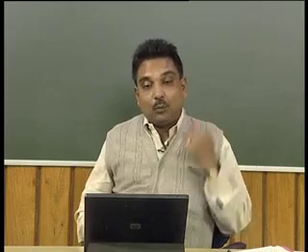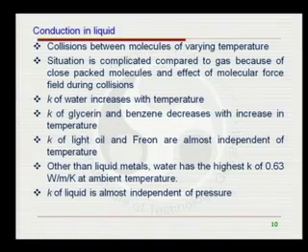For example, in case of water, thermal conductivity increases up to a certain temperature. For glycerin and benzene, the thermal conductivity decreases with increase in temperature. Some of the liquids like light oil and freon, thermal conductivity is found to be more or less constant.